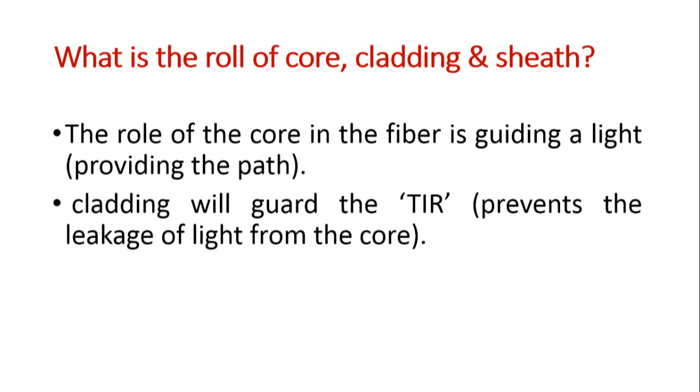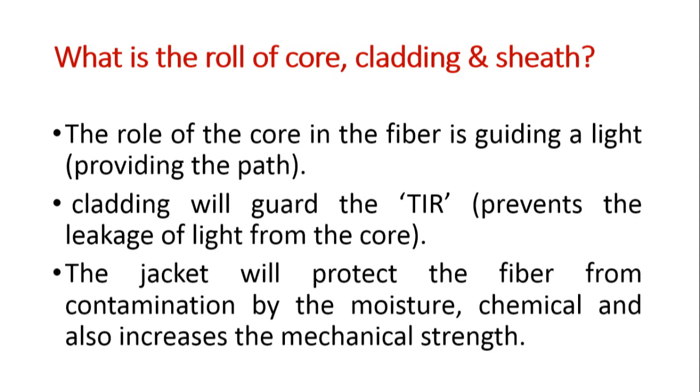So next is the sheath. The sheath provides the fiber with protection. The protection of the fiber through the sheath or jacket can avoid harmful contamination by moisture, chemicals, or even dust.